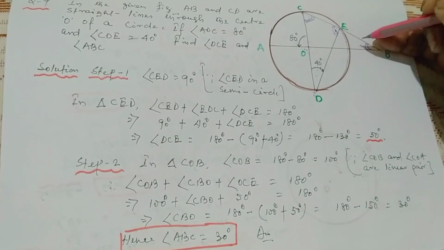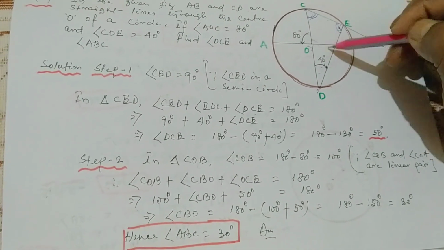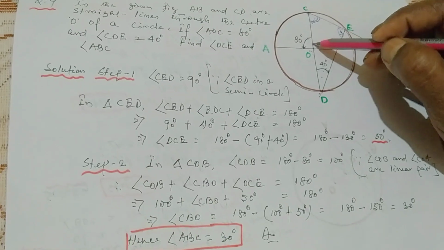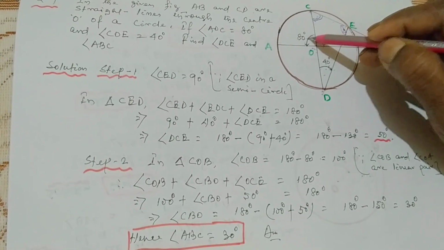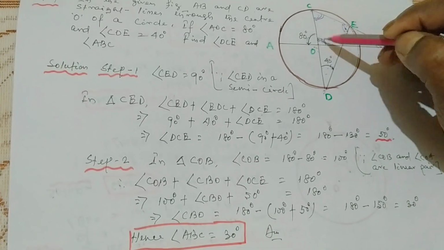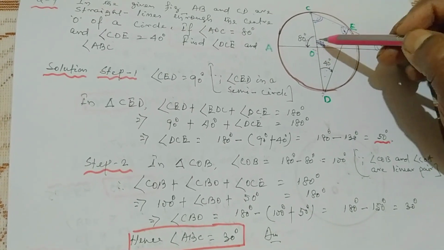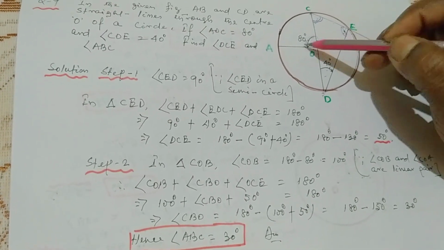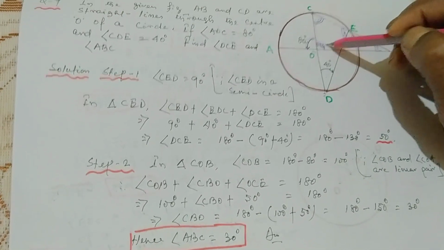This is 100 degree. This angle plus this angle is equal to 180 degree, because these two angles are a linear pair. That is why the sum of these two angles is equal to 180. So subtract 80 degree from 180, we get the value of this angle, that is equal to 100 degree.